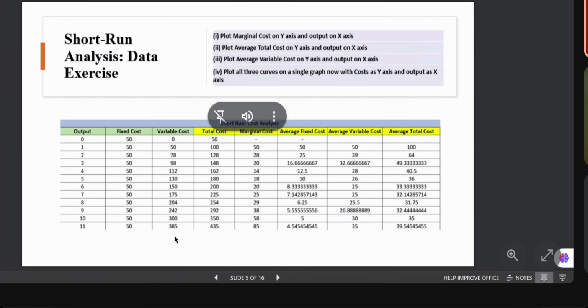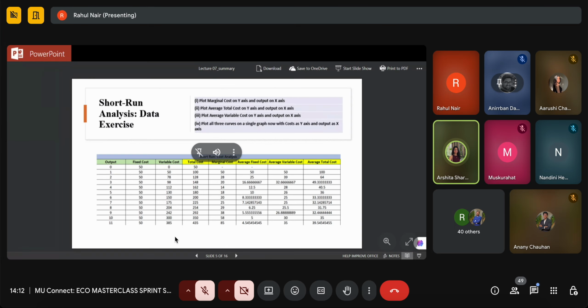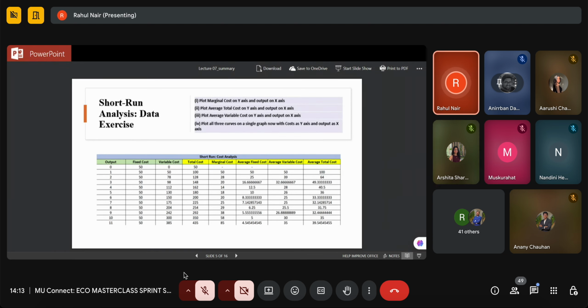29 or 31. Actually, whatever you're marking, it's not visible right now to us. So we do not know where your pointer is. Okay, you can see at quantity output 8, marginal cost is 29, and average total cost is 31. Right?